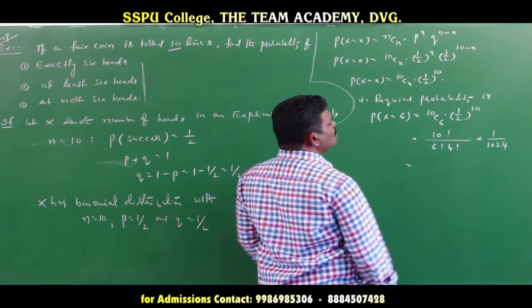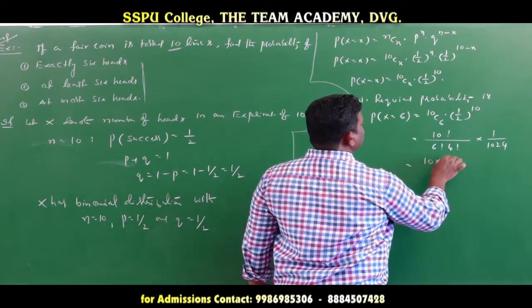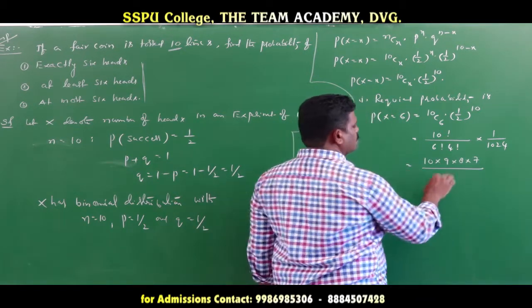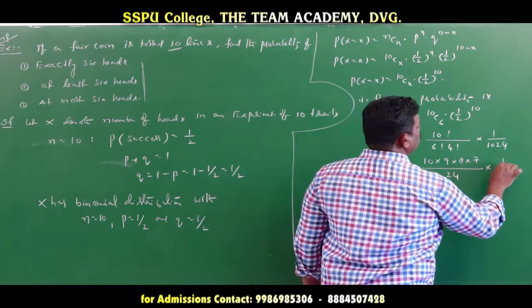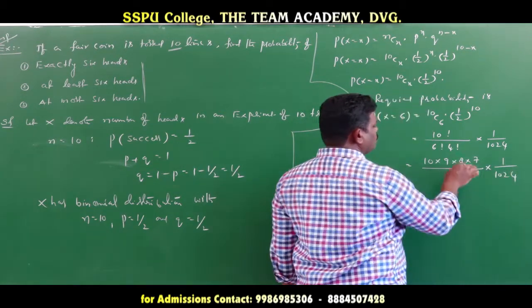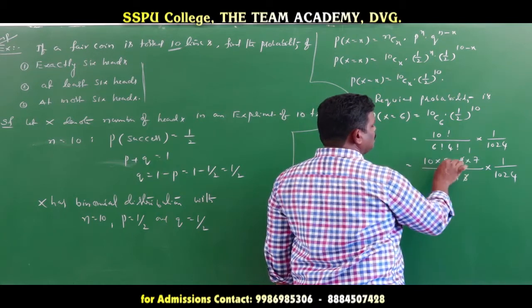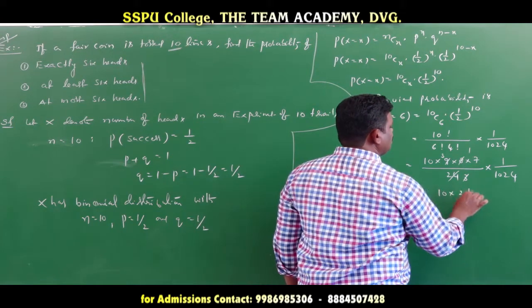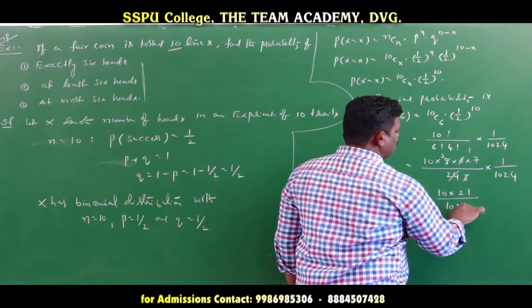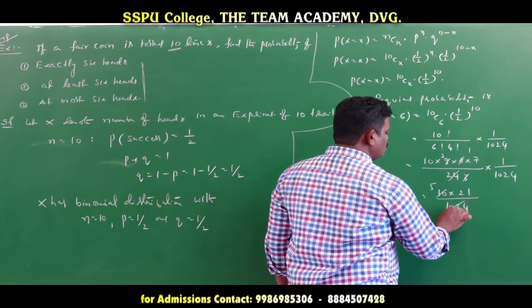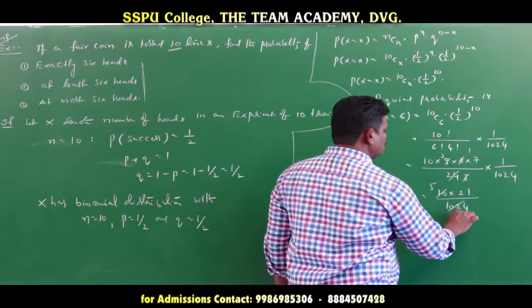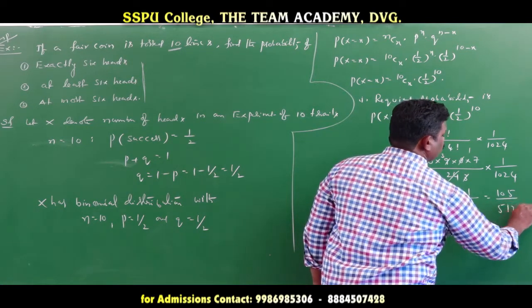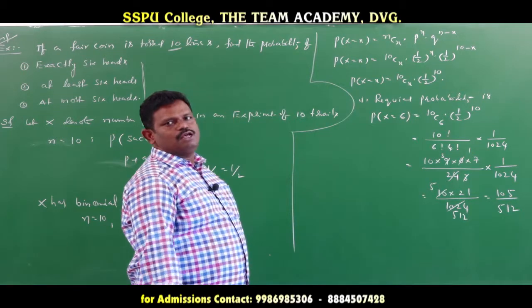That is 10 into 9 into 8 into 7, and the 6 factorial cancels, over 24, into 1 by 1024. 8 threes are 24, so it becomes 10 into 21 by 1024. Then 2 fives are 10, 2 ones are 2, giving 512. Finally it is 105 by 512. So that is the first case.